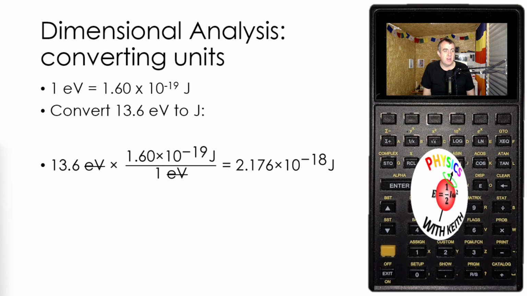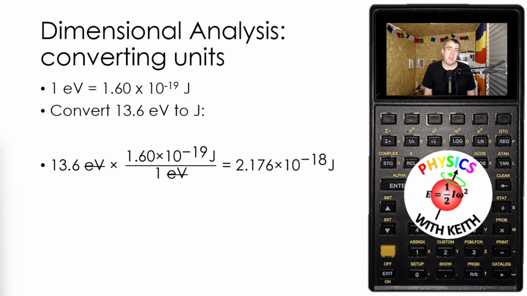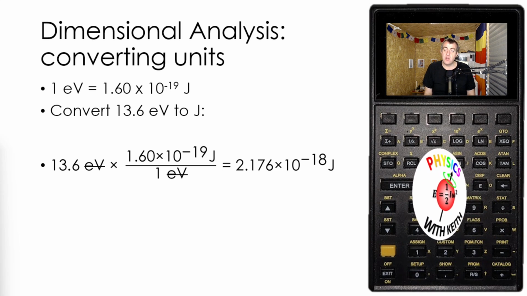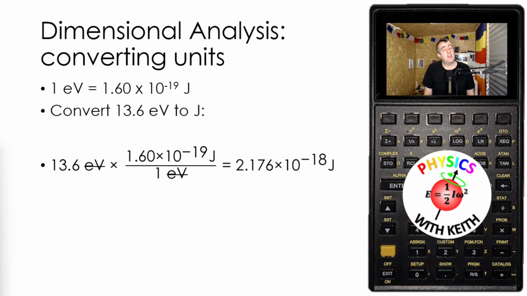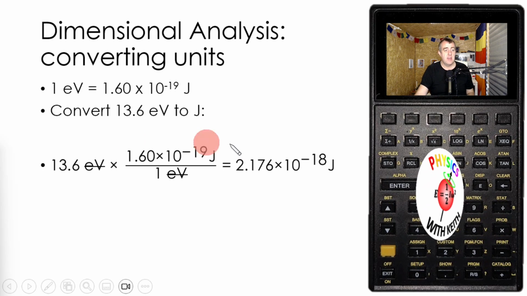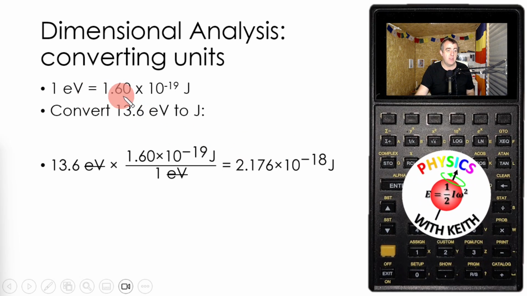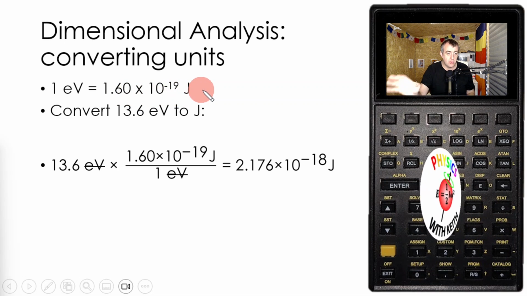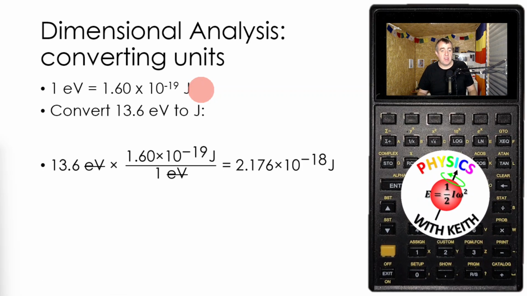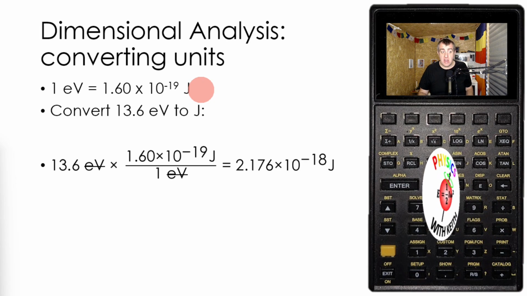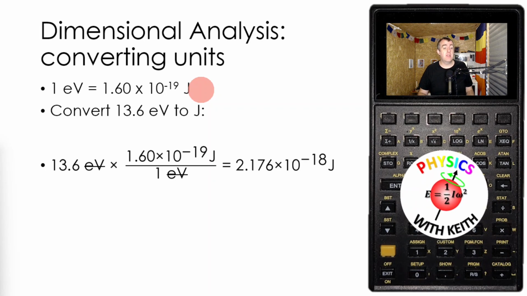Here's a unit conversion that is first met usually at the very beginning of year 12. We know that joules is a unit of energy, but there's another unit of energy called the electron volt, and you become convinced that 1 electron volt is equivalent to 1.60 times 10 to the negative 19 joules. 13.6 electron volts is the ionization energy of hydrogen in the ground state.